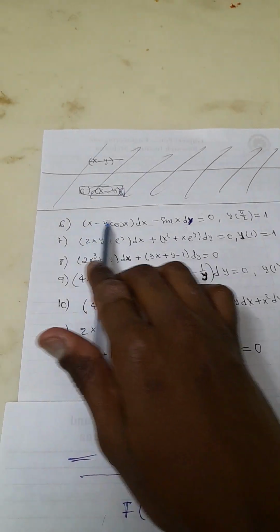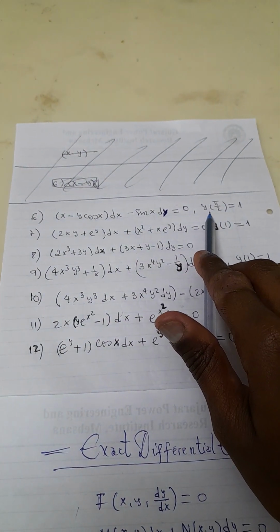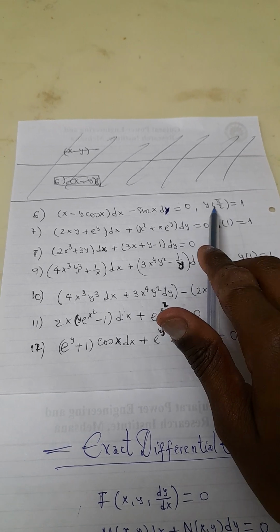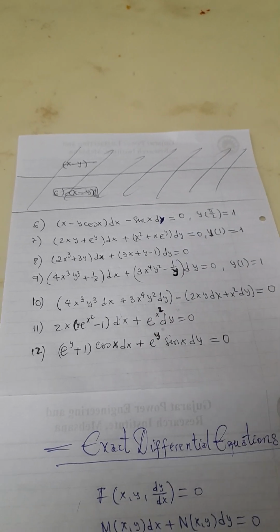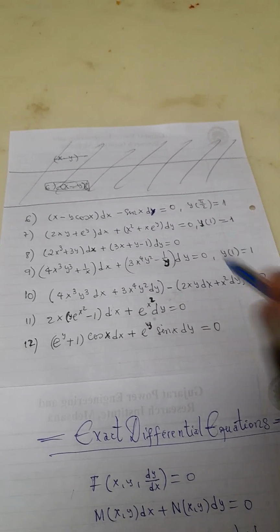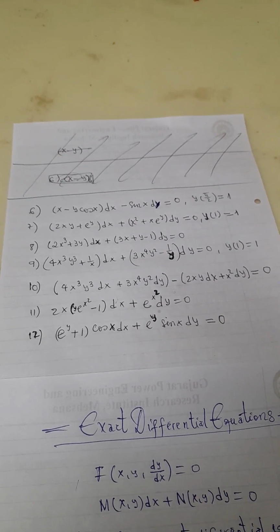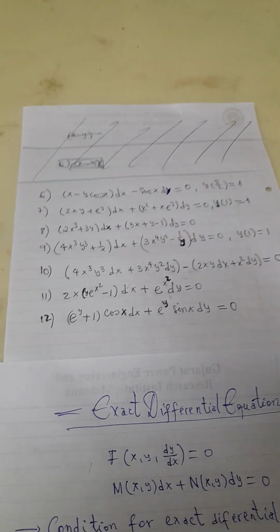In the solution that you find here, you will substitute y equal to 1 and x equal to pi by 2, and you can find the particular solution. After finding the general solution, then find the particular solution. That's like this one.